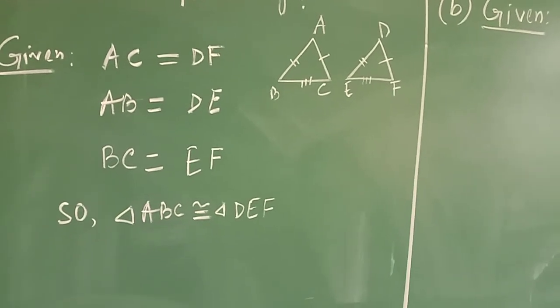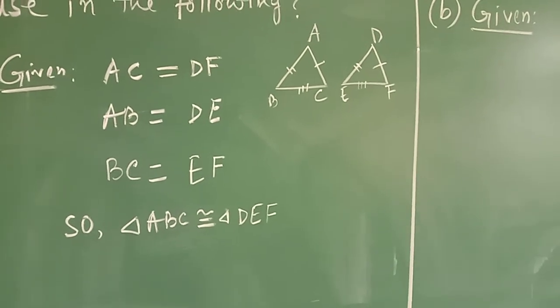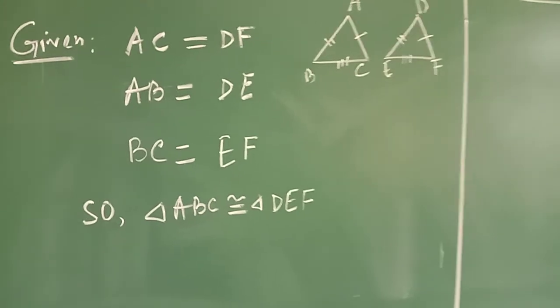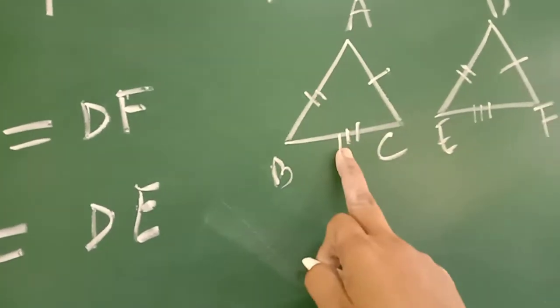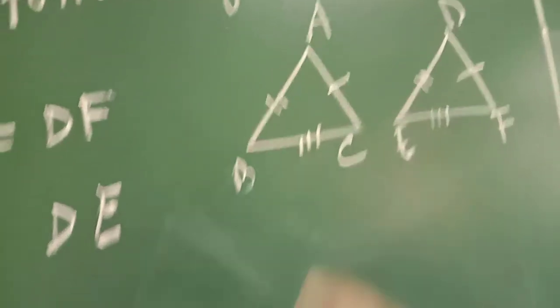Now these 2 triangles are congruent, you know that, but which criterion are you using here? Yes, you are using the side criterion.